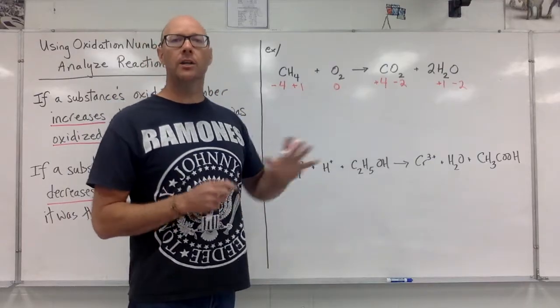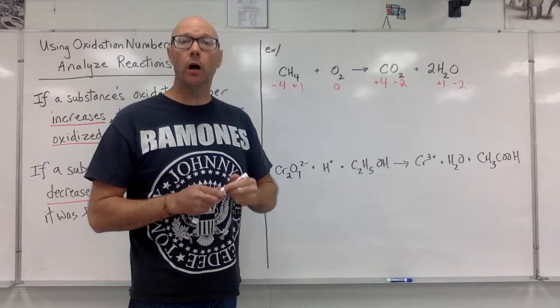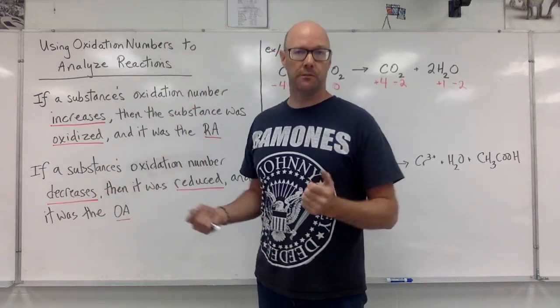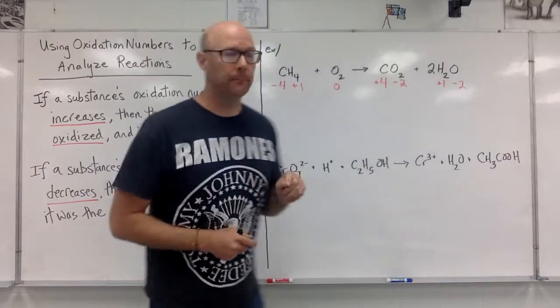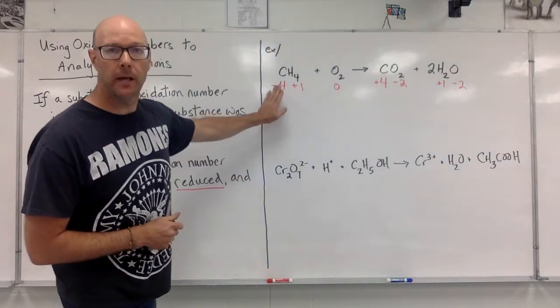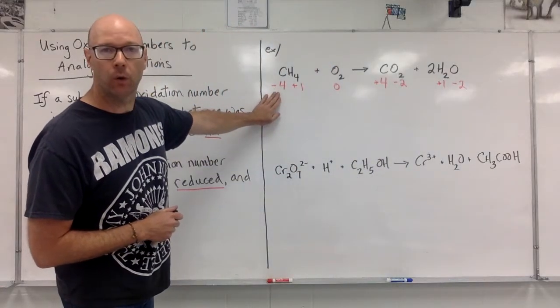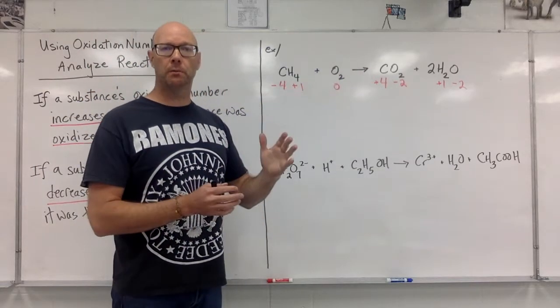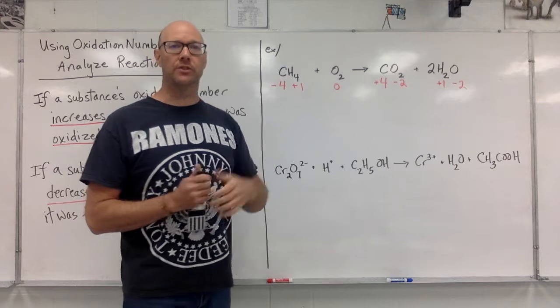After we've assigned oxidation numbers to all of the chemicals involved, we can analyze it in a whole bunch of different ways. We can see that the carbon in the methane was -4 and it ended up at +4. From -4 to +4 is an increase.